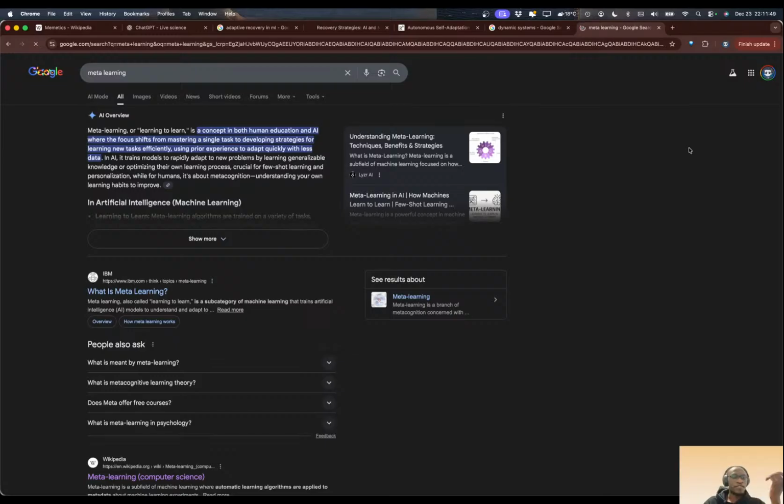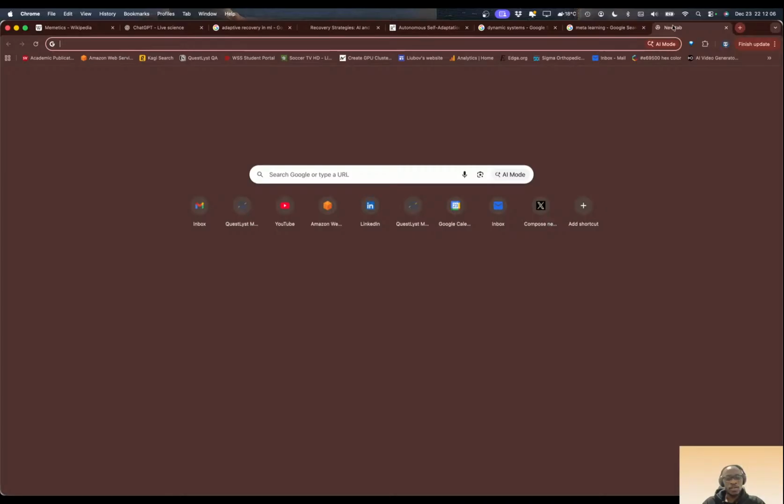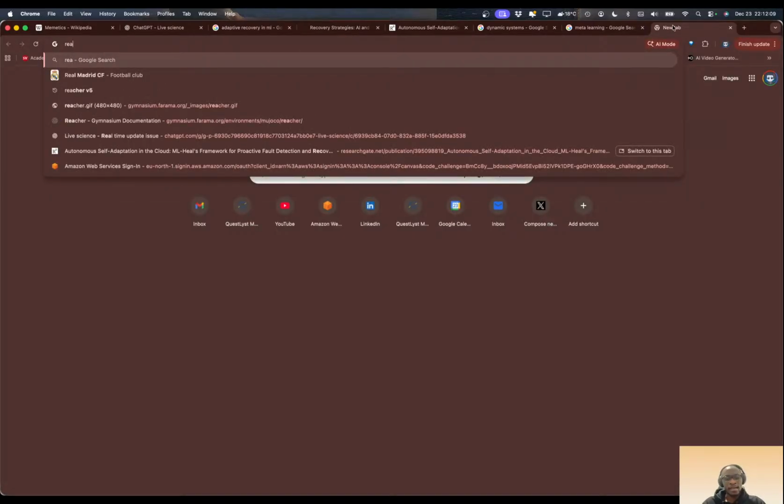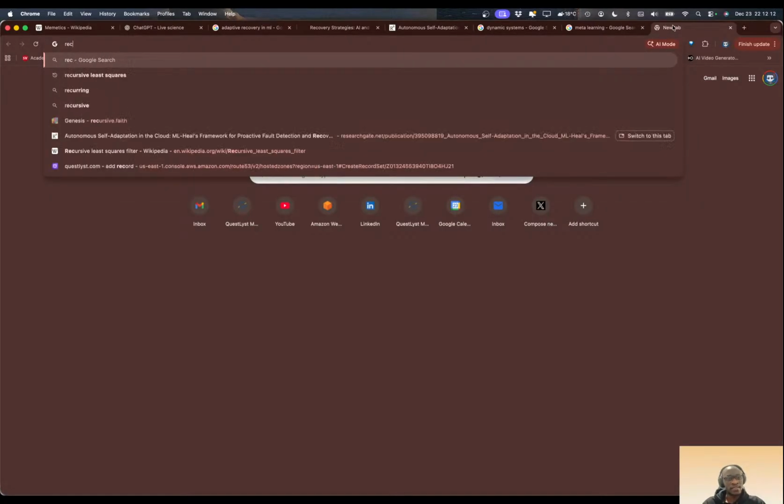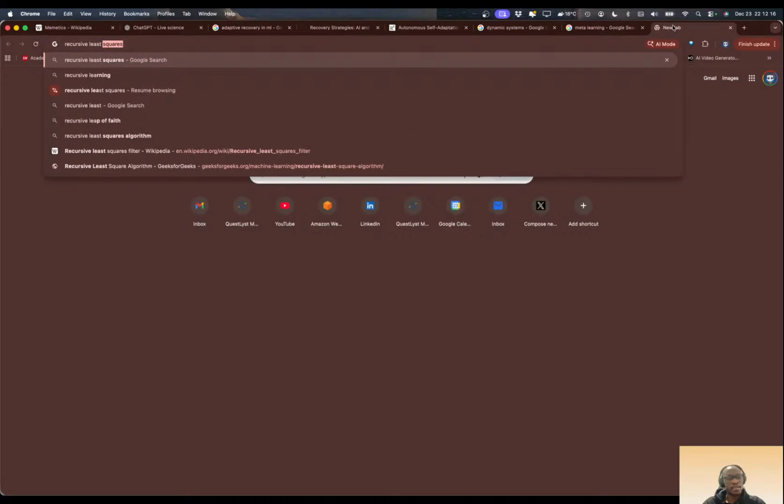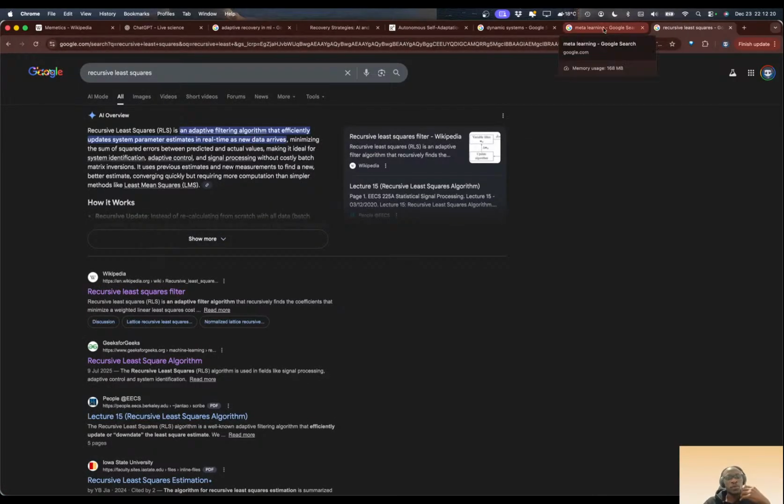If you have a system, which we do, and you want it to do online learning, which is also something we have explored, like recursive online learning using recursive least squares, you will most definitely have the concept of meta learning in the system.